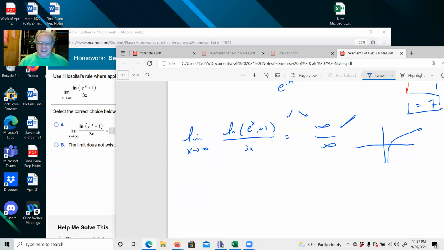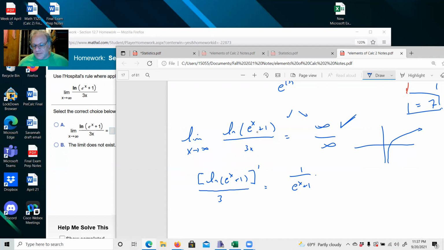So let's go ahead and take our derivative. So what is the derivative of natural log of e to the x plus 1? Right. Derivative of 3x, you could do that. It's just 3. Okay. So remember, right? It's 1 over u. It's 1 over whatever this is. So 1 over e to the x plus 1 times the chain rule that's going on here.